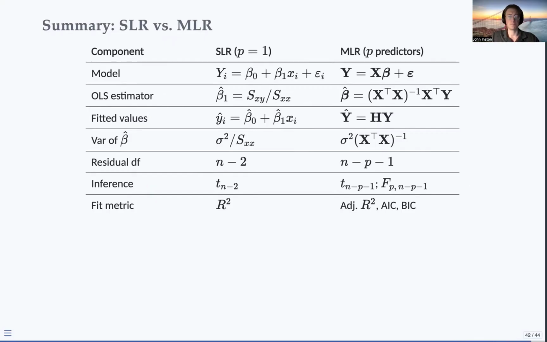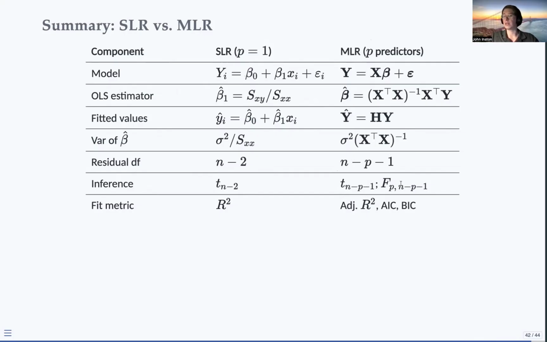All right, so I'm really bang on time. This is a quick summary of what we've covered. This is just comparing the two side by side, and hopefully now, having been through the linear algebra, it's more clear that this is just a generalized multidimensional version of this, and the complexity of it only really comes from the linear algebra rather than any of the actual results.